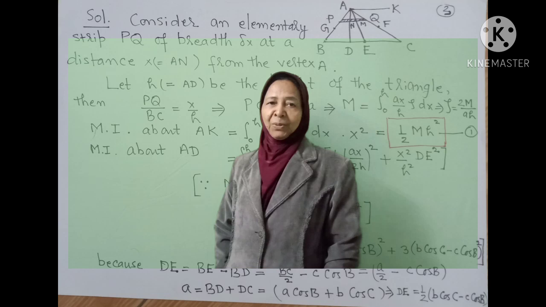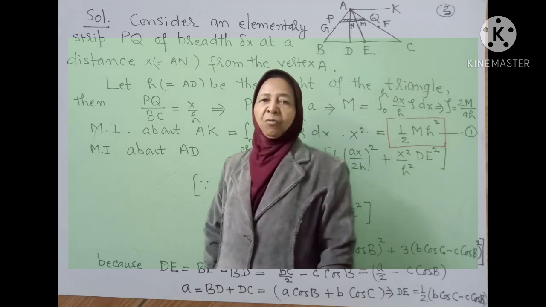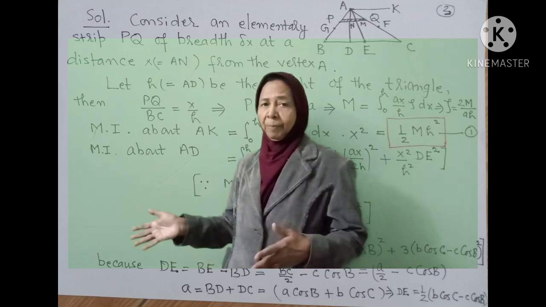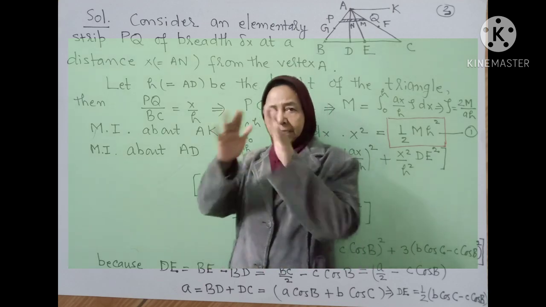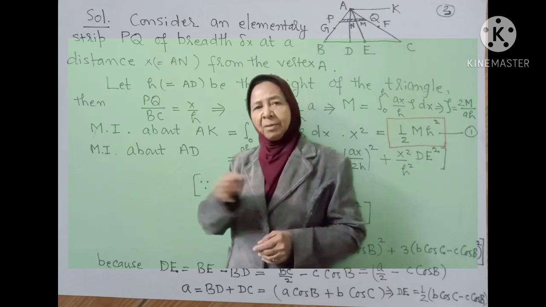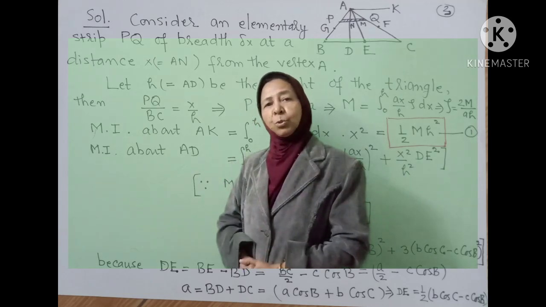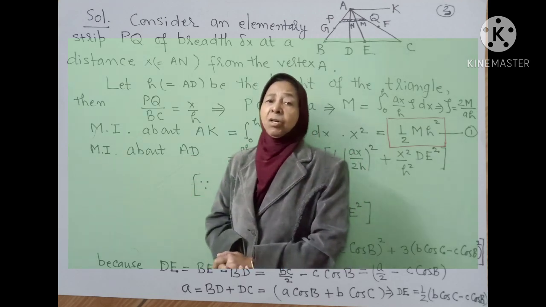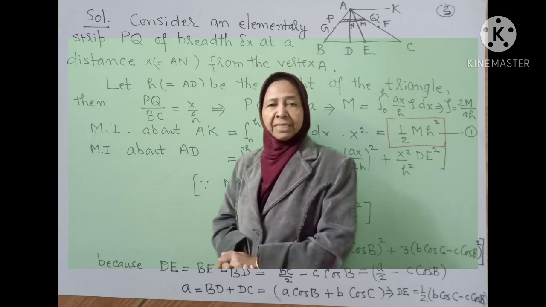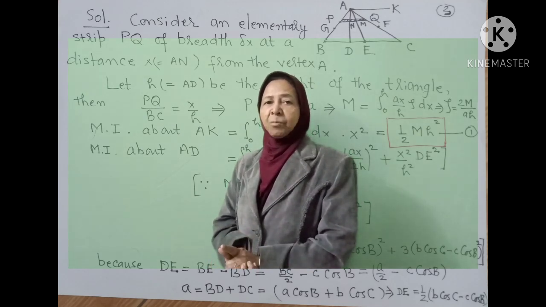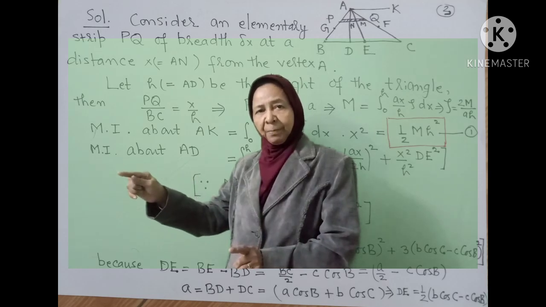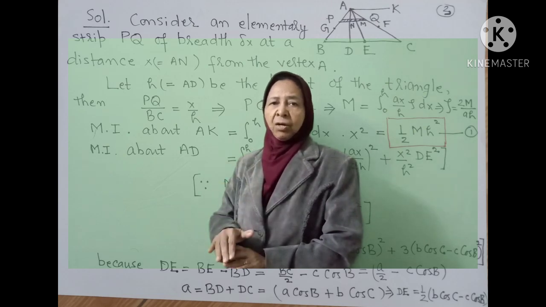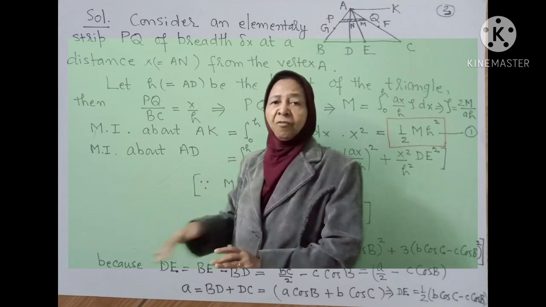Now, how to solve? You are familiar with the method. We consider an elementary strip because you know that the triangle is formed by a number of elementary strips placed close to each other, one upon the other. Okay, and to find its moment of inertia, we try to find the moment of inertia of one such strip, and then we integrate the result as the number of strips vary.